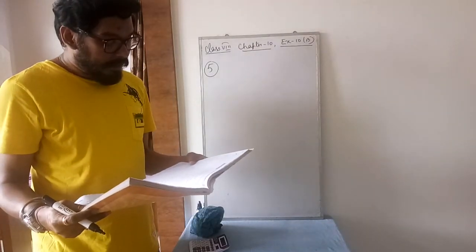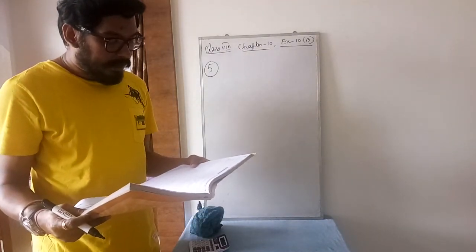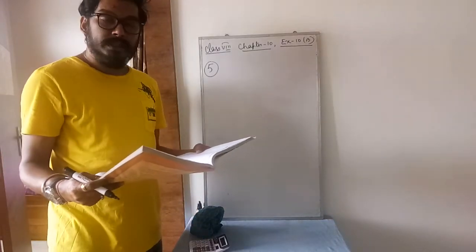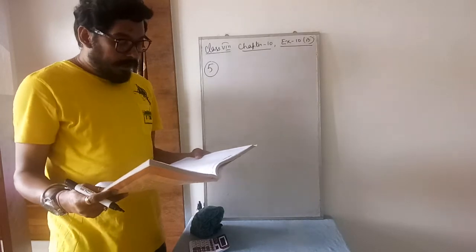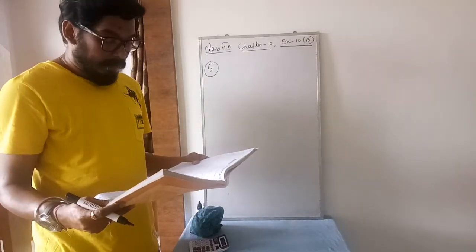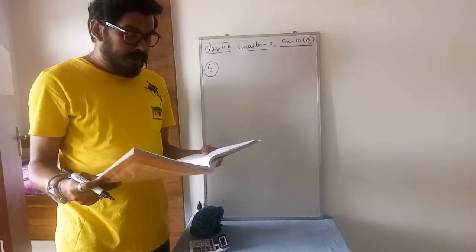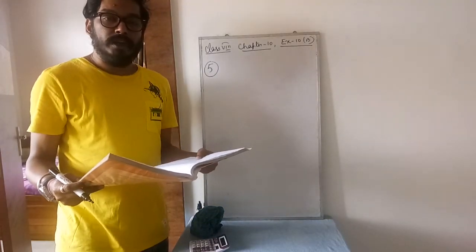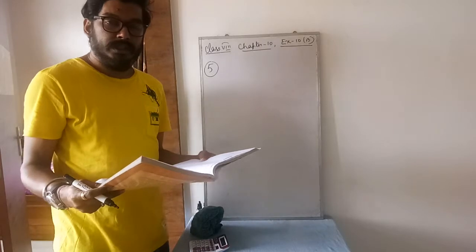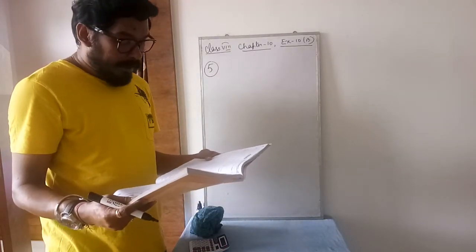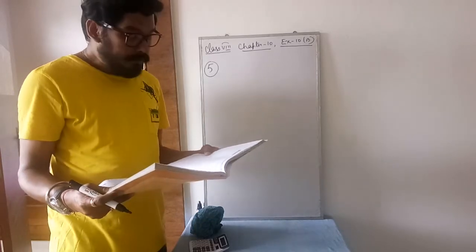A person traveling 72 km per hour can go from Dehradun to Lucknow in 10 hours. So speed was 72 km per hour, time taken was 10 hours. How fast must a person travel to make the trip in 9 hours? That means if he wants to complete the trip in 9 hours, how much will the speed be? So here you have to find speed.